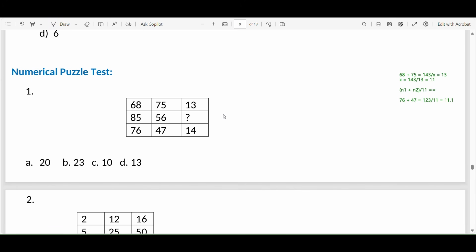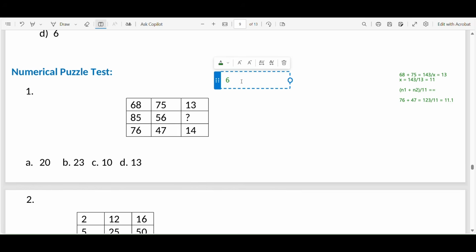So after trying, let's see something like this. Let me add all the digits of these numbers. So when you are adding this, we'll be getting, let me increase the size because you will be able to see this easily.